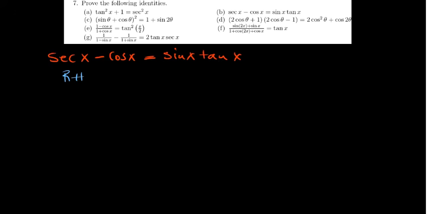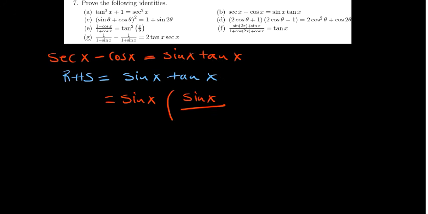The right hand side is equal to sine of x and then tan x. So we can try to simplify. So sine of x, and then tan is the same as sine of x over cosine of x, right? So already you're able to see that this is going to be rough.